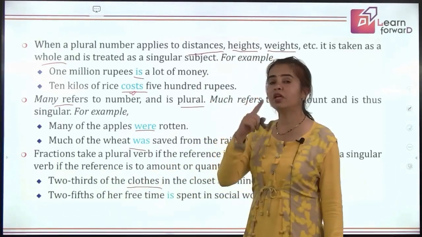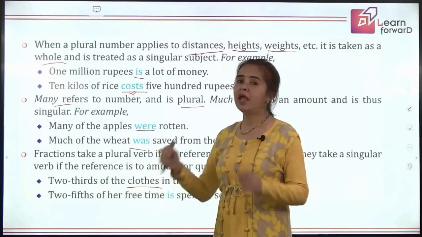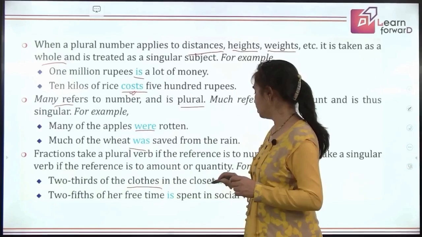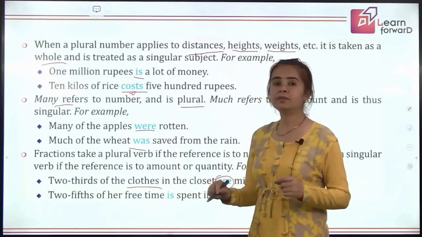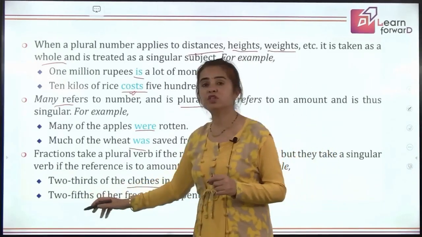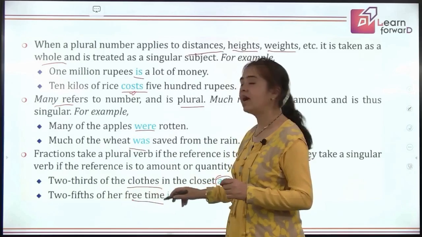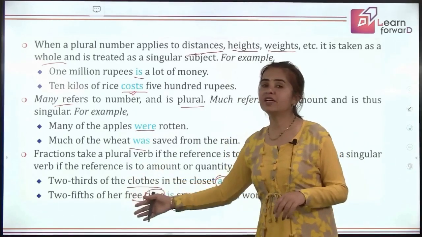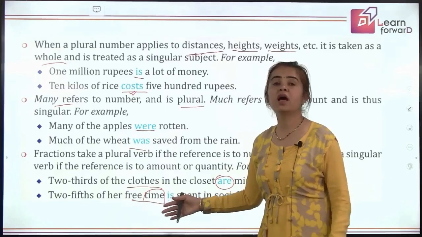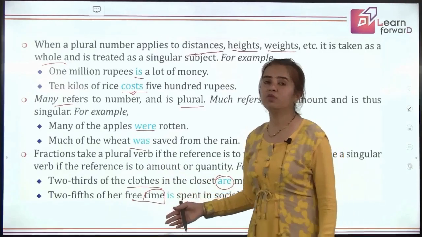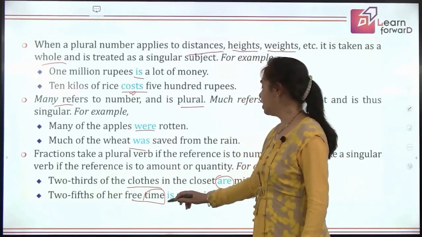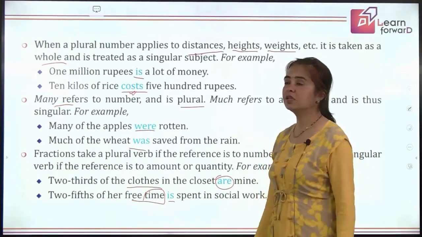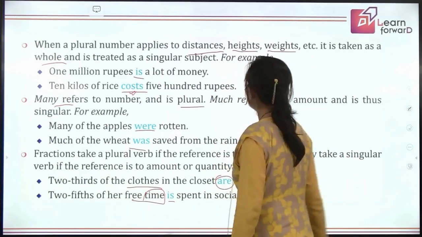We are talking about a fraction of clothes and clothes are countable, so we will be using a plural verb here, are mine. But when I talk about 2/5 of her free time, is time countable? No. I'm using a fraction in terms of something which is uncountable. So here it will carry a singular verb, is spent in social work. I hope this is clear to you, each point.